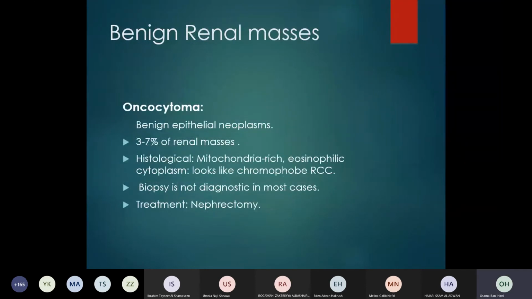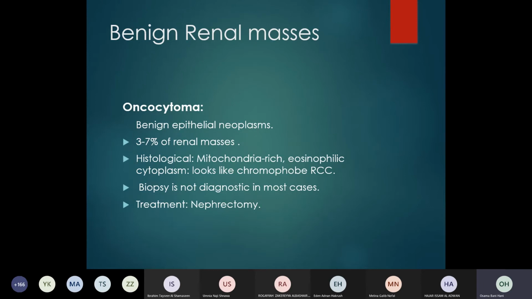Oncocytoma is a benign epithelial neoplasm, less than 10% of renal masses. Usually it is because of histological mitochondria-rich eosinophilic cytoplasm, and it sometimes can be confused with chromophobe RCC. So even a biopsy cannot be helpful.